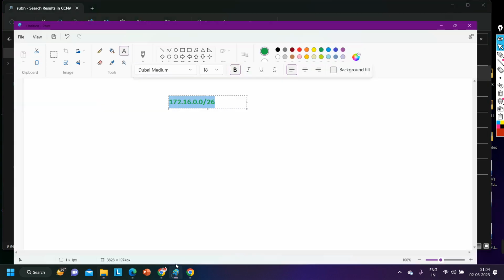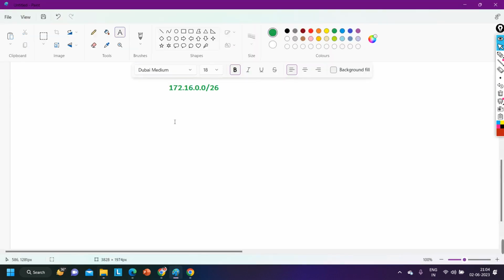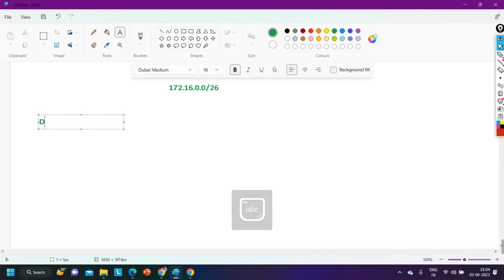Now I am moving further. Now see, in an organization there are some departments. Let's say there are 5 departments, and let's say 20 users are required in each department.